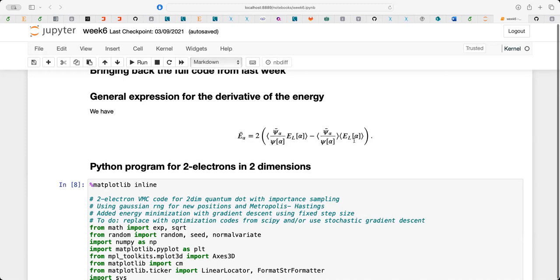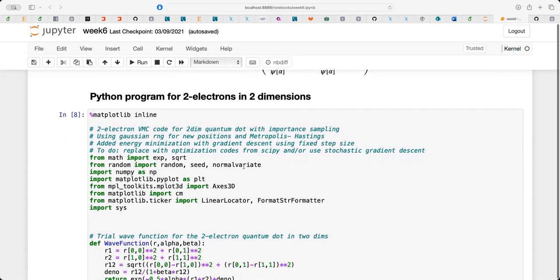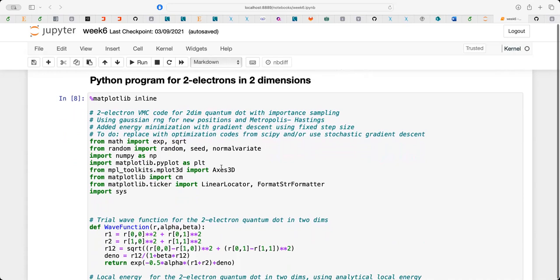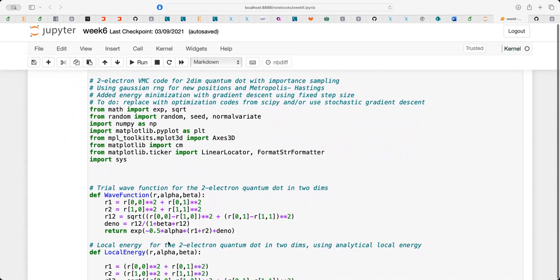Nothing but that. This is the case for 2 electrons, but you can now take away the interacting part of the wave function and simply replace the harmonic oscillator part here and use that one in your case.